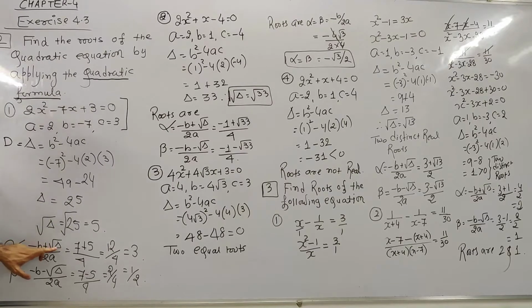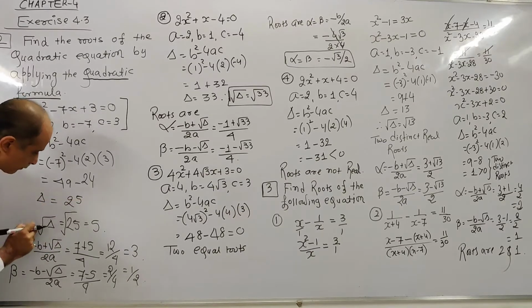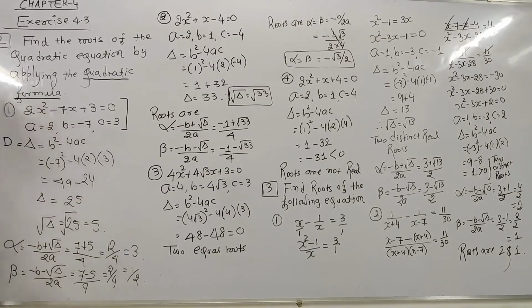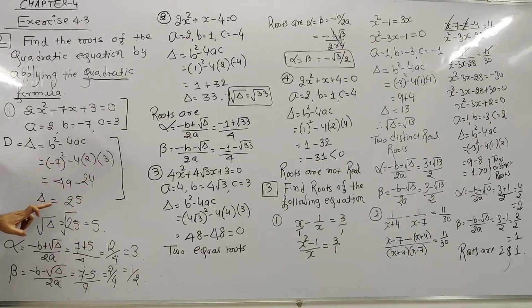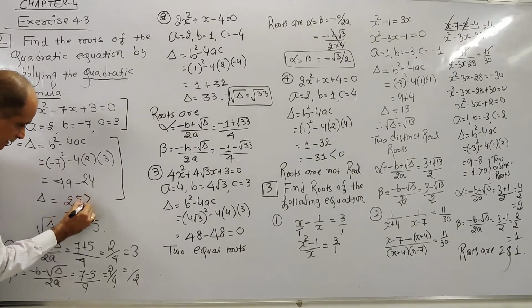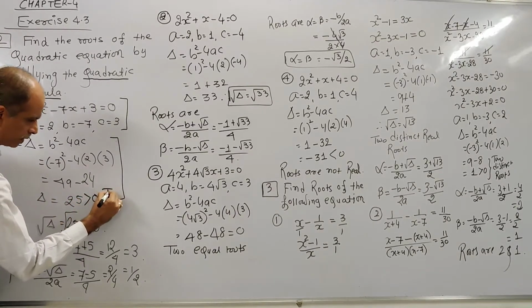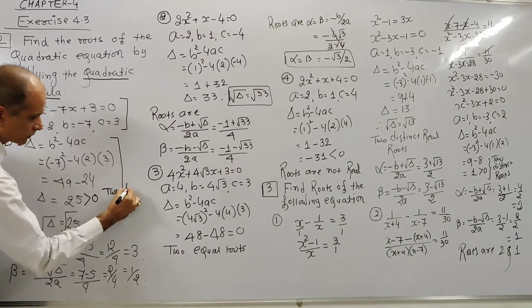But in the formula there is under root delta. So find out under root delta. So under root delta is equal to under root 25, and square root of 25 is equal to 5, and that's why the value of under root delta is equal to 5. So this is your step number 2. From the value of delta you can write delta is greater than 0 means two distinct roots.